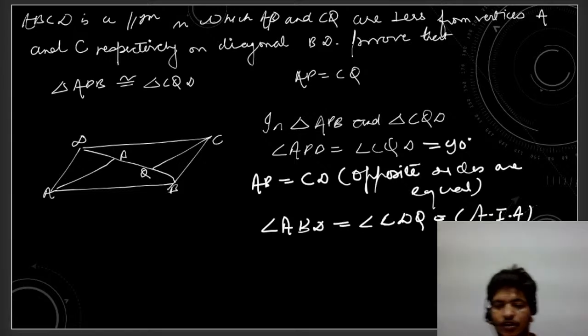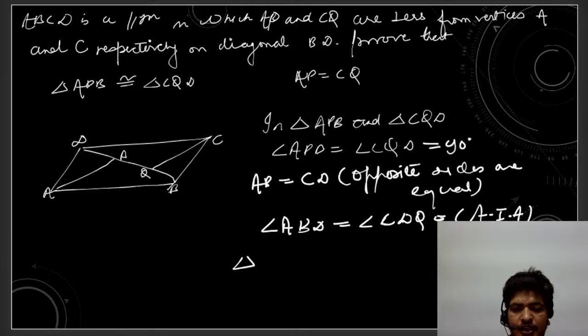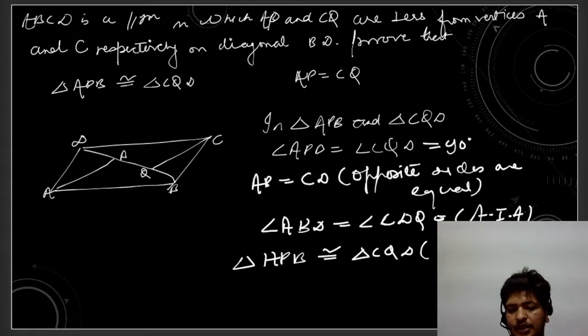These two angles are alternate interior angle, which states that triangle APB is congruent to triangle CQD. By which property? By ASA congruency. ASA congruency से ये दोनों triangle congruent होगा.